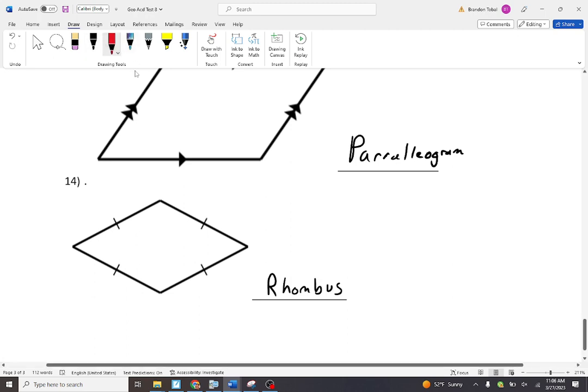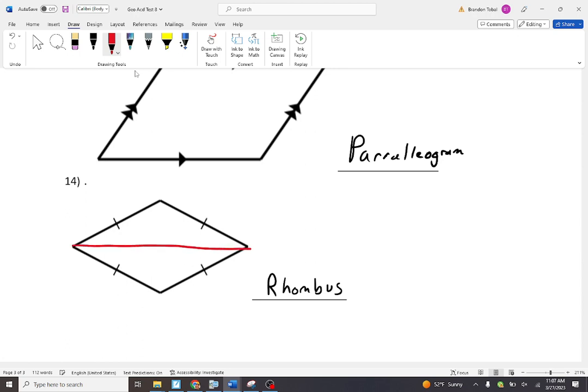So let's say this was the last thing on the practice test, right? Let me just draw it on this. In this situation, if I drew a diagonal like this, right? If I told you this is a right angle, that's proof that it's a rhombus. So this square in the middle tells you it's a rhombus.